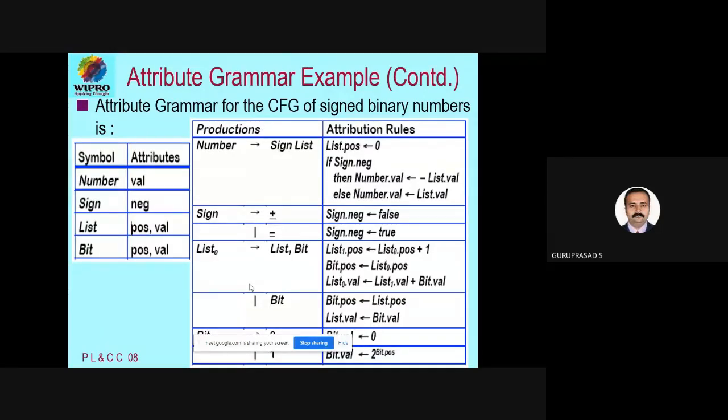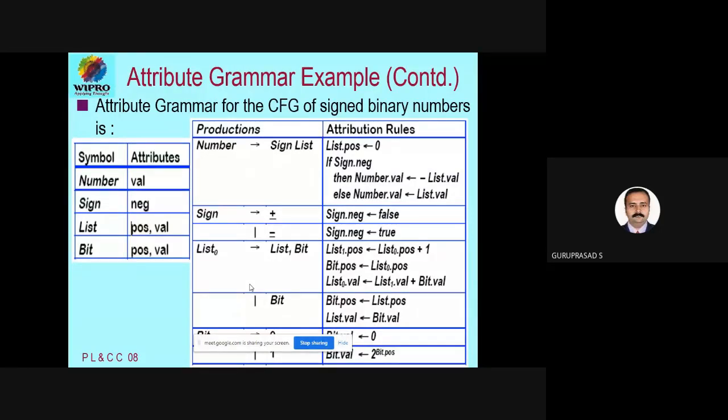List 1 dot position, that is the child's position, is equal to list 0 dot position, that is the parent's position, plus 1. It means we'll be incrementing the position value for the child depending on its parent. If the parent has the value 2, the child will get the value 3 for the position. Okay. Bit dot position is equal to list dot position. Right? Okay.